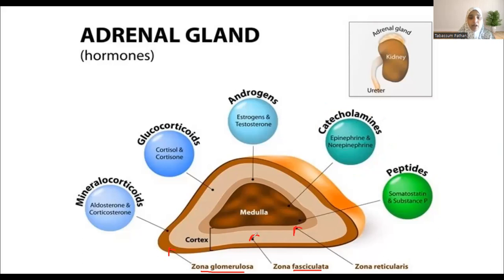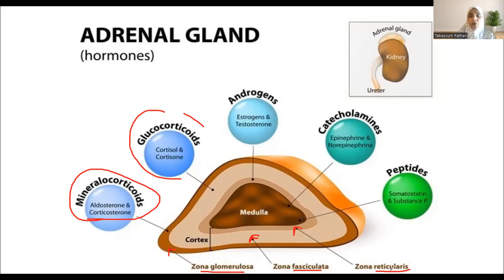So dark brown, the pinkish part, and this gray part. Now, zona glomerulosa secretes mineralocorticoids, which are aldosterone and corticosterone. Zona fasciculata secretes glucocorticoids known as cortisol and cortisone.